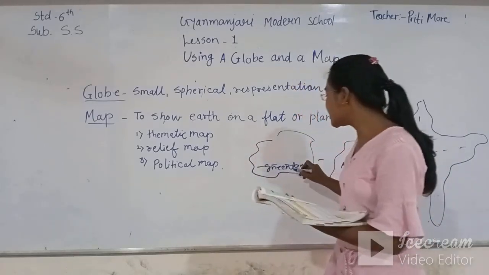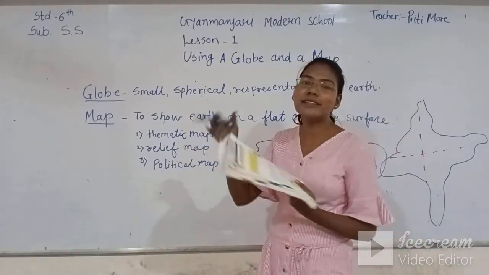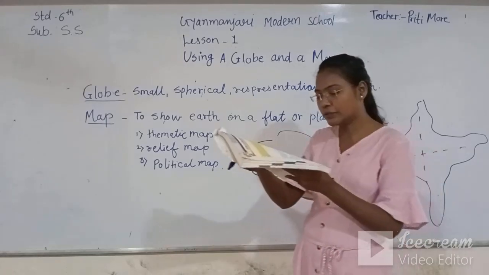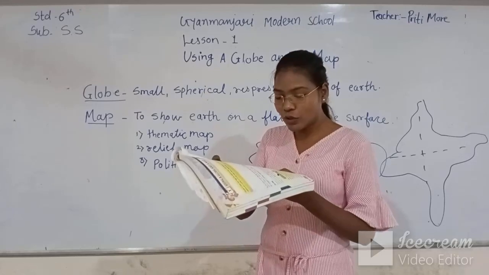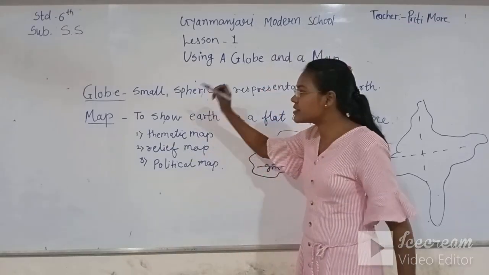But if you see Greenland on the globe, it is small. Thus the maps are not as accurate as a globe. That means the globe is very important.